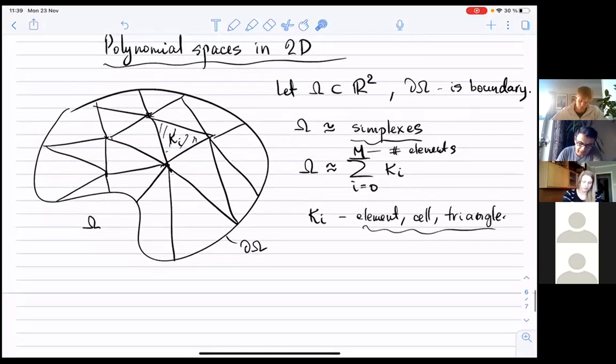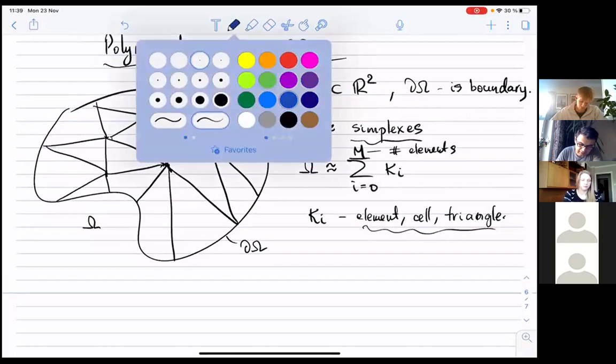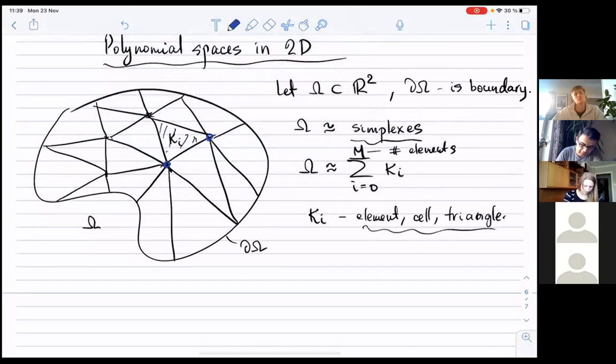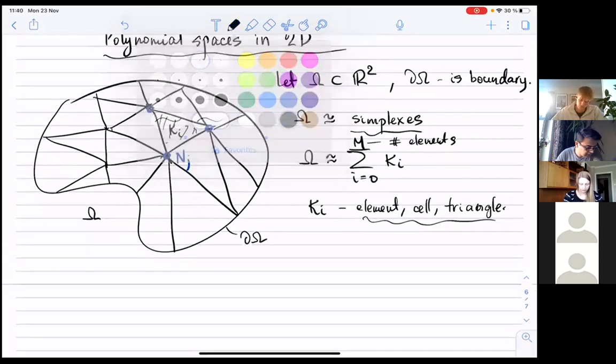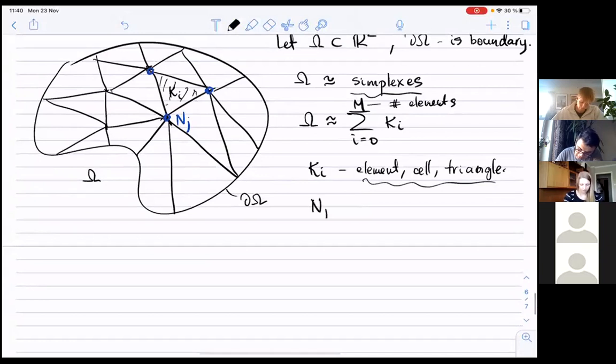We need to identify this triangle, so we need its three vertices. The vertices are denoted by N_j, with j from 1 to N, where N is the number of vertices, sometimes called nodes.